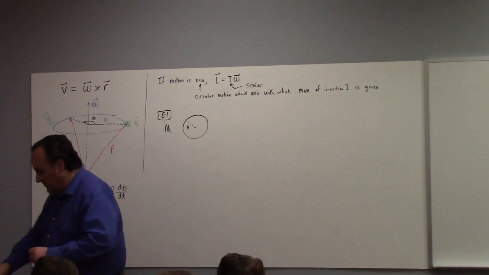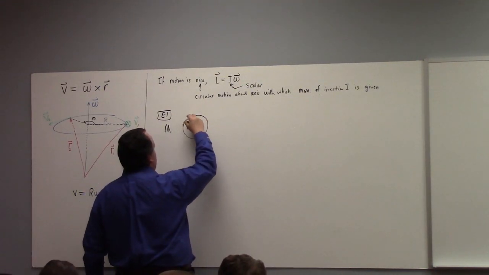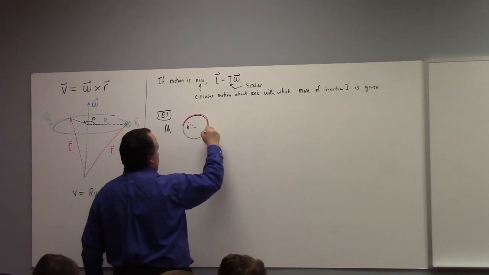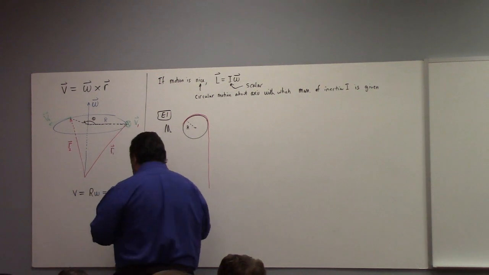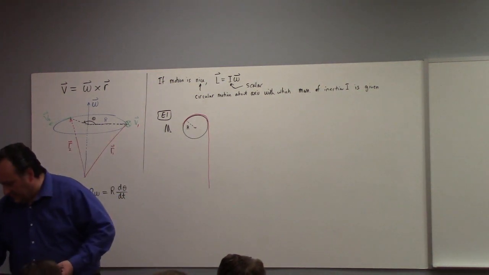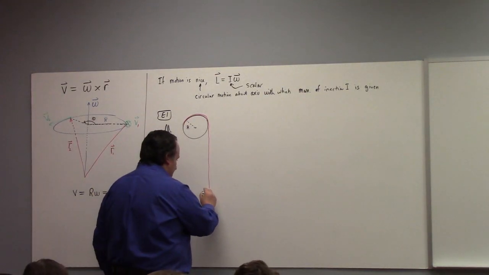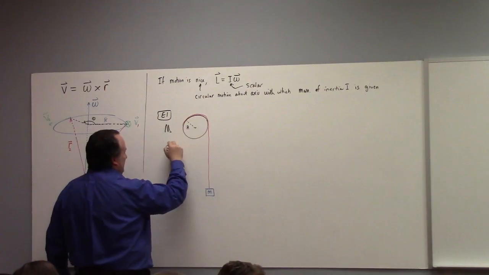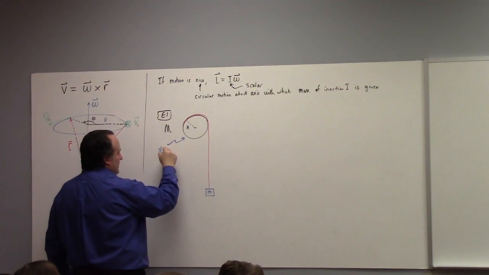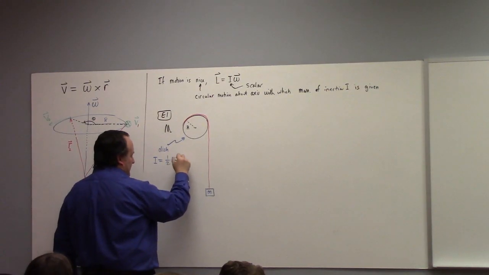And we put a string off the pulley, and the string was supposed to grip the pulley without slipping. And down at the bottom of that string, we put another mass, little m, right? So we said that this was a disk, so the moment of inertia is 1/2 big M r squared as we derived, right?